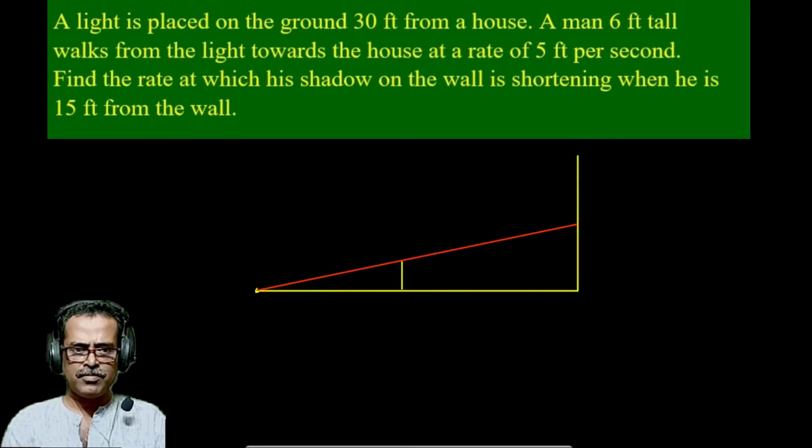A man 6 feet tall walks from the light towards the house at the rate of 5 feet per second. So the man is moving at the rate of 5 feet per second, and the light is placed 30 feet from the house. This is 30 feet.